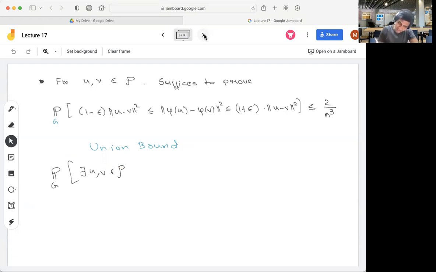Maybe I wrote the wrong expression. This probability is extremely high. This is the good event. So this probability is extremely high. And what we want to say is that for all u, v, we have the same thing. Okay, sorry, my bad.